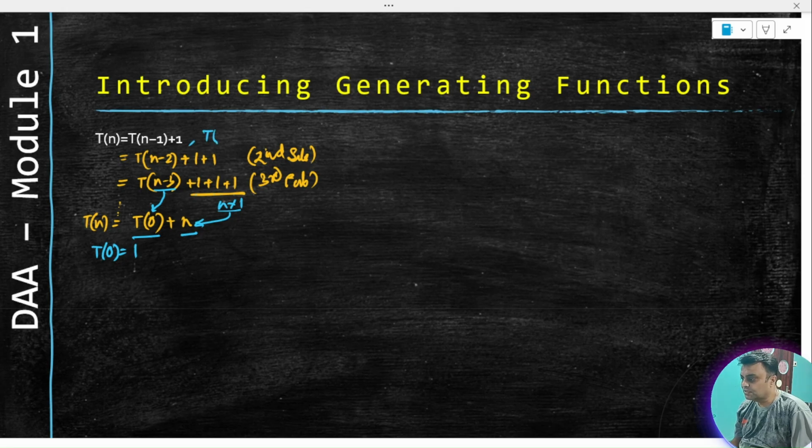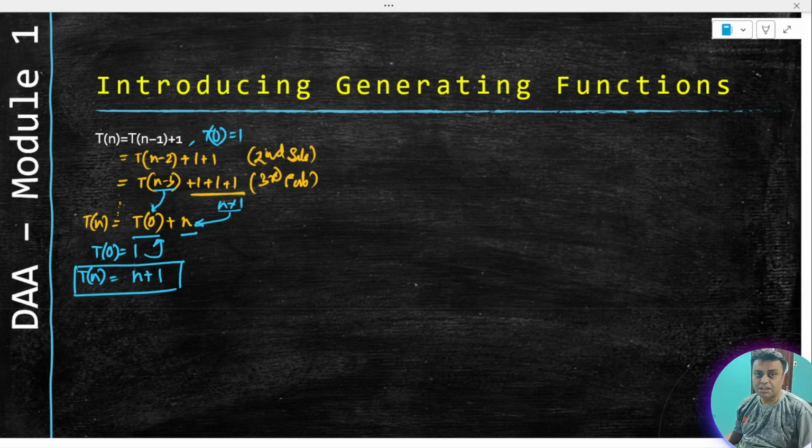So if we put T0 as 1 here, then my Tn will be equal to n plus 1. So this becomes my generic answer to the solution of the recurrence relation, from which we can definitely get the dominating term as n.